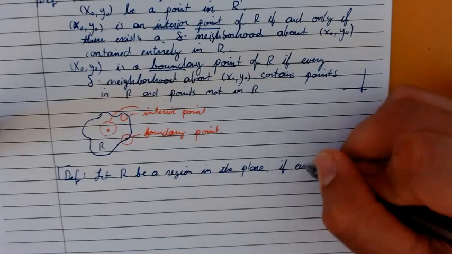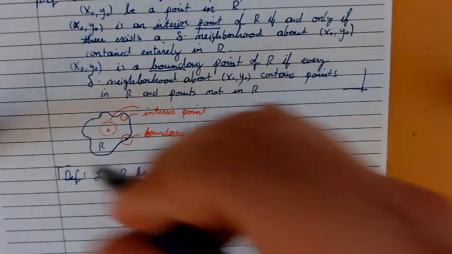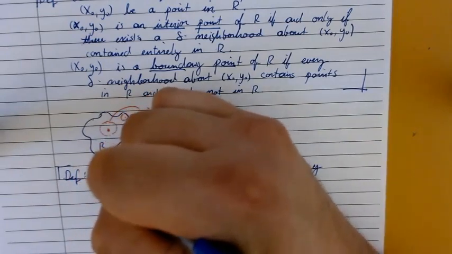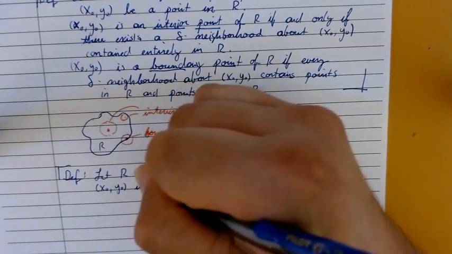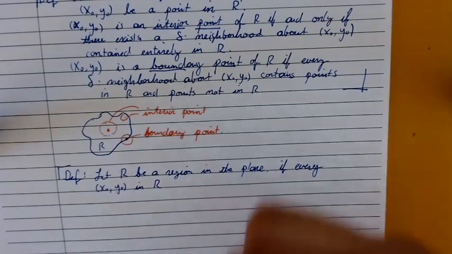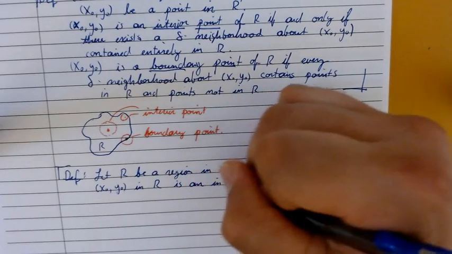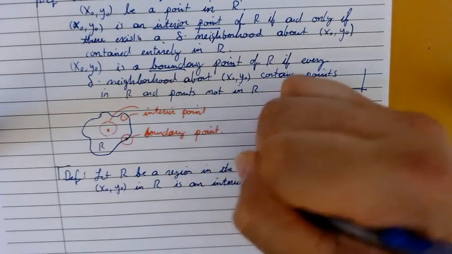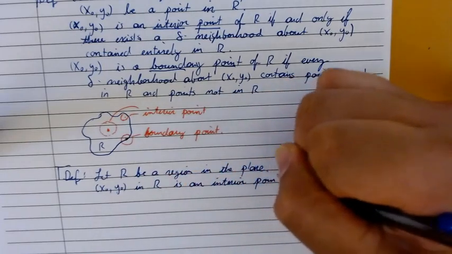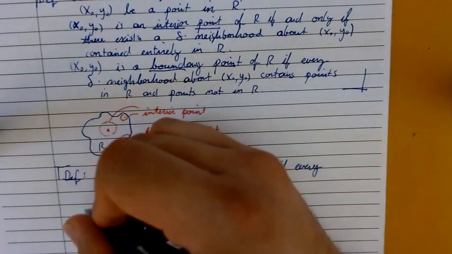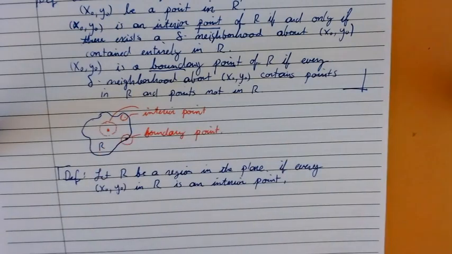If every point x naught, y naught in the region R is an interior point, then we say R is an open region.